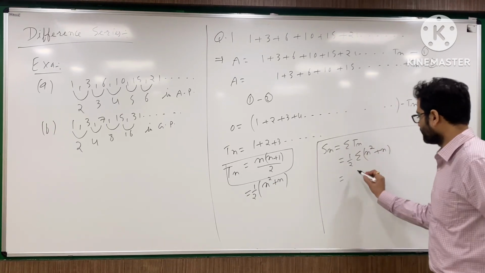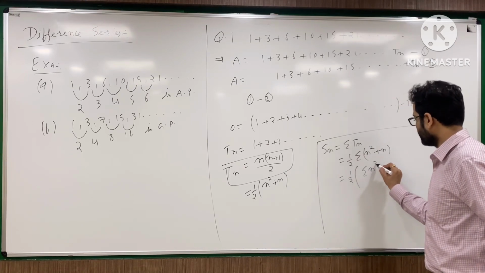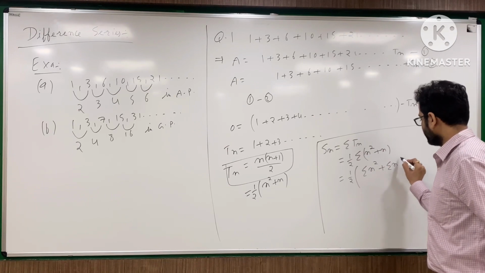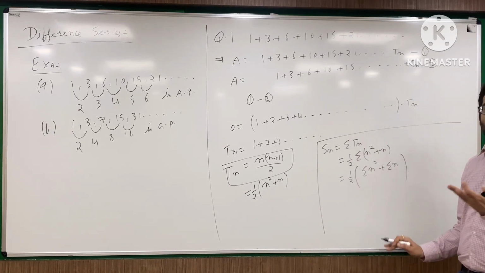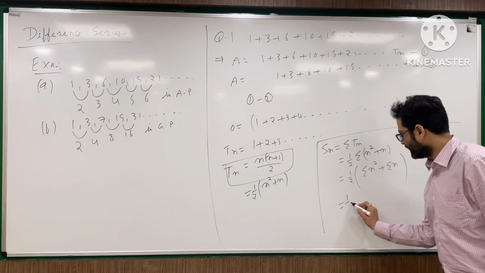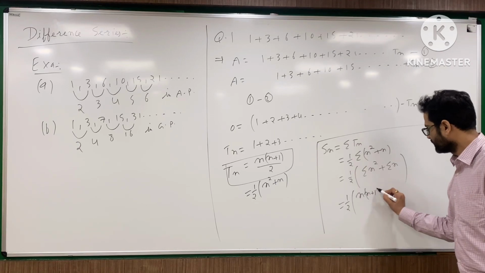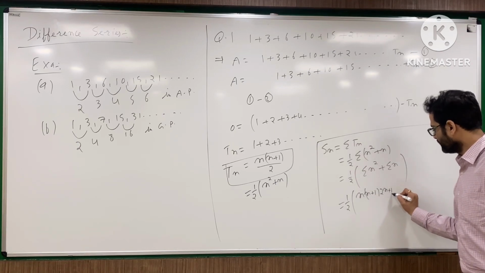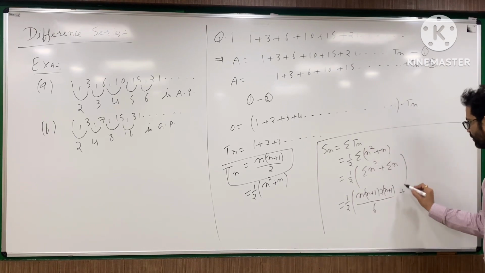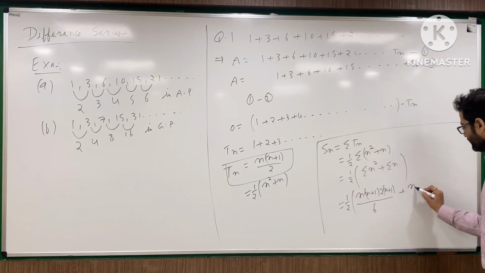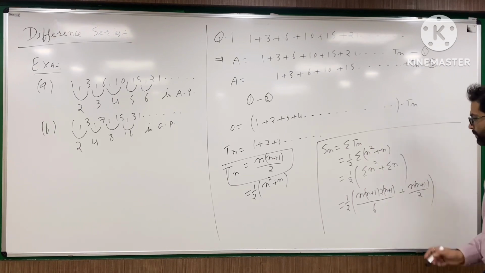So we get 1 by 2 summation of n square plus summation of n. We all know the formulas of summation of n square and summation of n. Then we put them in and find the answer. n into n plus 1 into 2n plus 1 upon 6, and summation of n is n into n plus 1 upon 2.